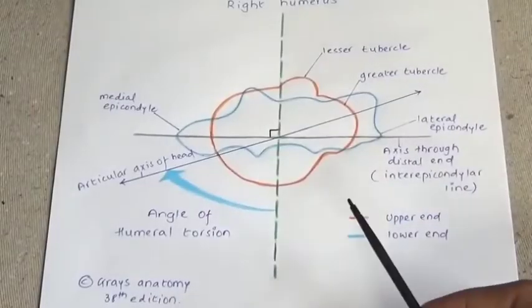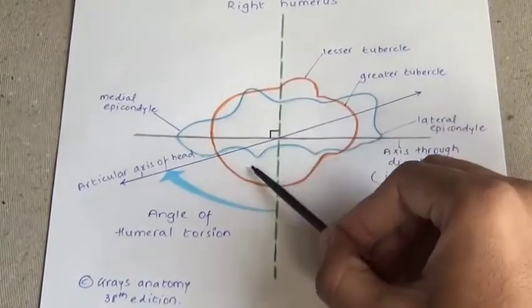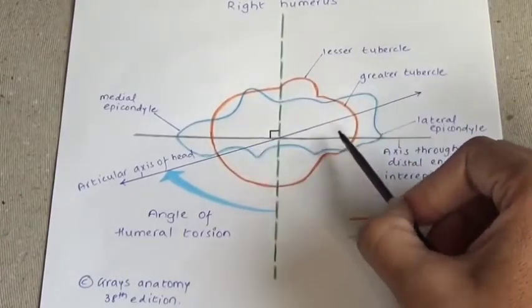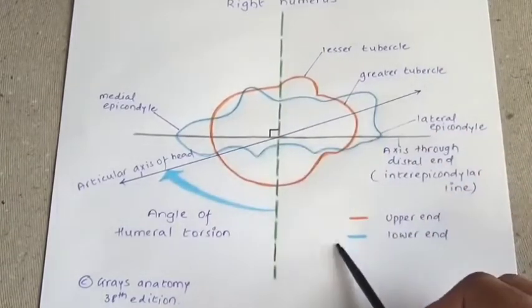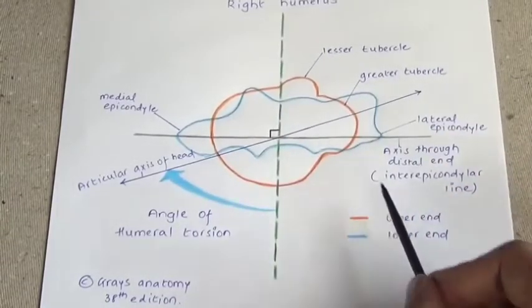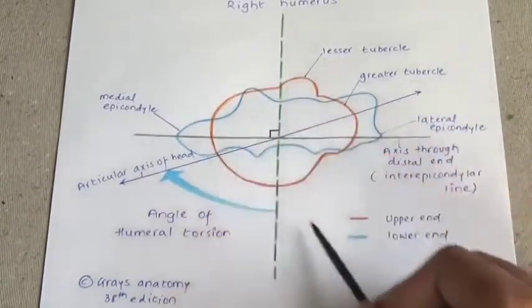Now the same thing has been explained in this diagram. This is a superior view of the right humerus, and the outlines of upper and lower end are shown. The outline of the upper end is drawn with orange color and the lower end with blue color.